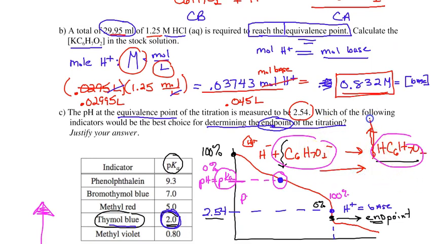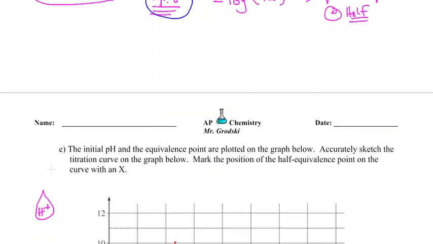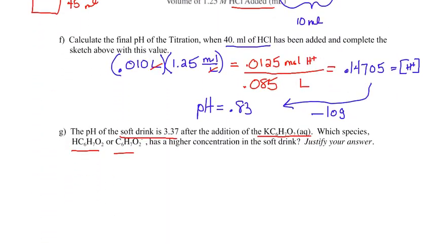So this is going to get bigger as this gets used up. So the conjugate acid is going to be in higher quantity. So you could say that the concentration of the conjugate acid, C6H7O2, is greater than the concentration of the conjugate base.